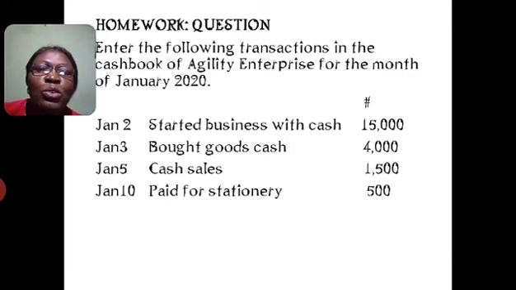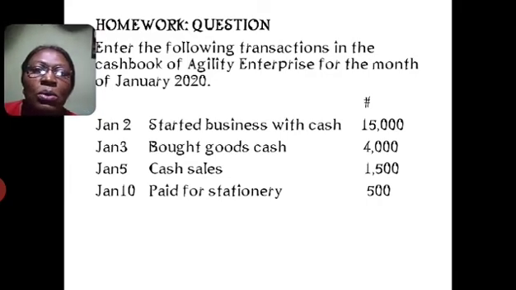Then when you begin to enter the transaction, you look at the first transaction, which is January 2nd. Started business with cash, 15,000. Then follow the steps. The first step, you ask yourself, this 15,000, is it coming in or going out of the business?